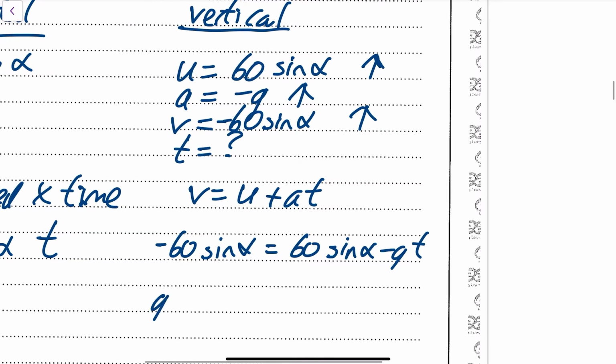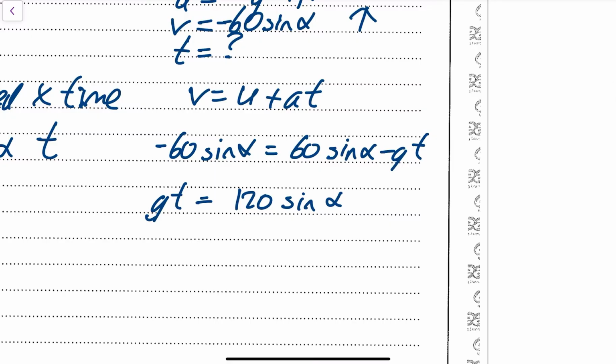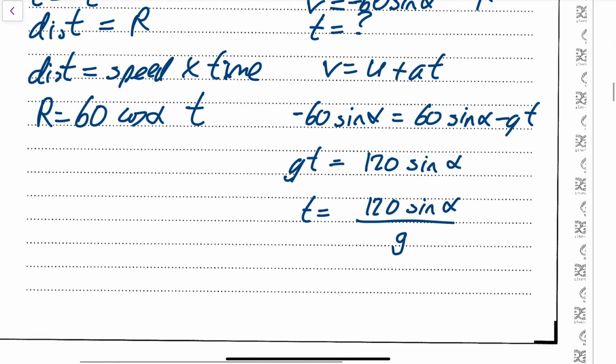A little bit of working out, bring the gt across, make it positive, and then bring those two 60 sine alphas to one side, that'll be 120 sine alpha. And then our t is equal to 120 sine alpha all over g. Okay, now I've hit a wall. What can I do?